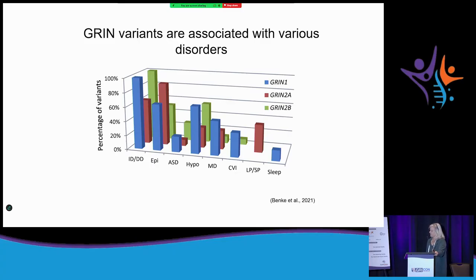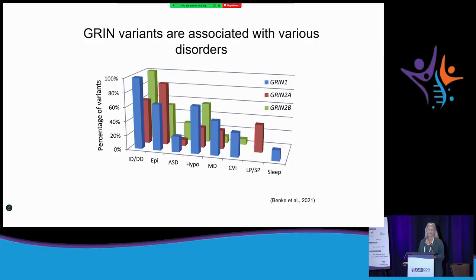Now, the GRIN disorders, we know that GRIN1, 2A, and 2B are highly implicated, and at this type of meeting, you'll meet parents and children with variants in all of these genes. However, they present differently. And just to make the point, for GRIN2B, almost all of the affected individuals will have intellectual disability or developmental delay. Not all of them will have epilepsy.